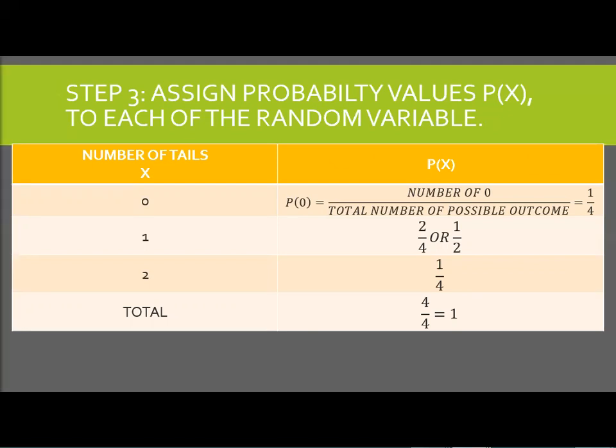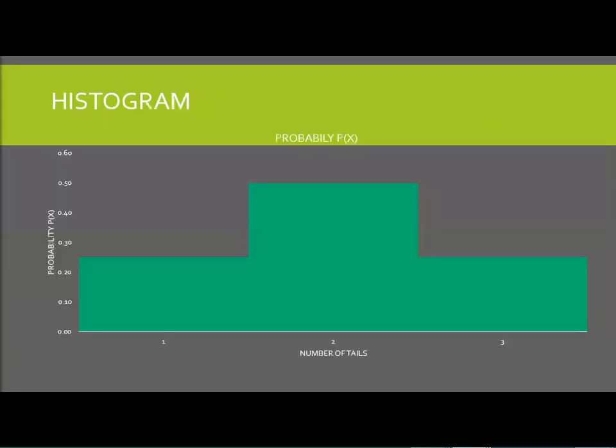Ang gagawin natin is ganito. Your probability histogram will look like this. Ayan. You have here 0, 1, sorry for the errors, and then 2. This one must be 2.